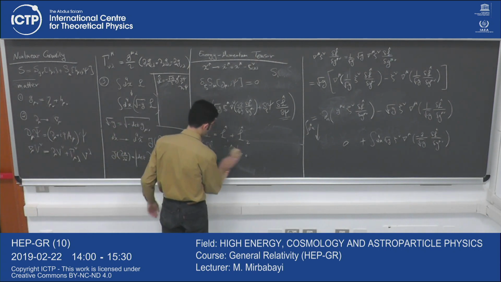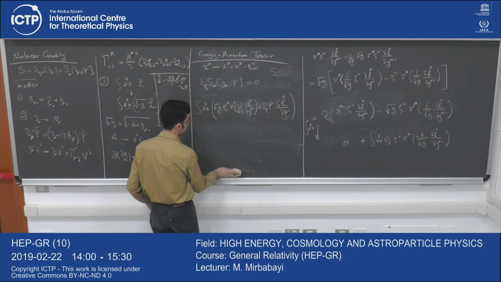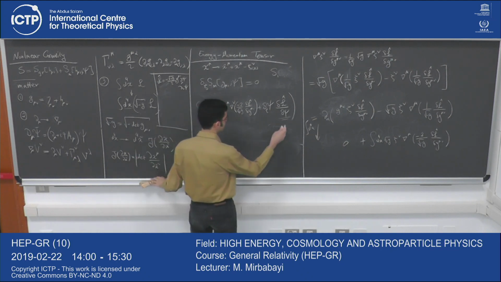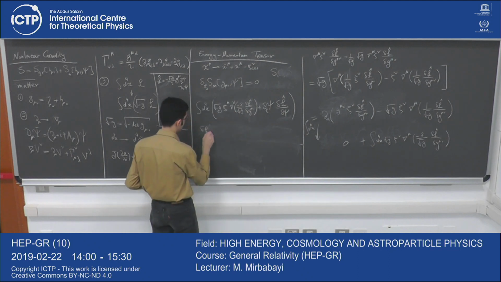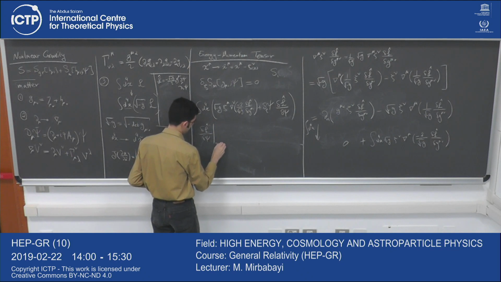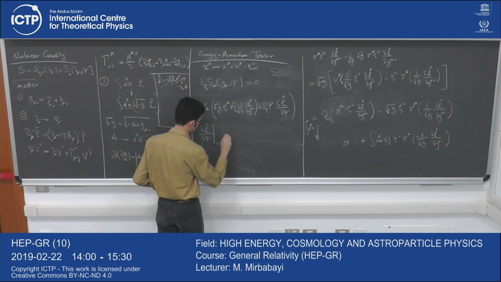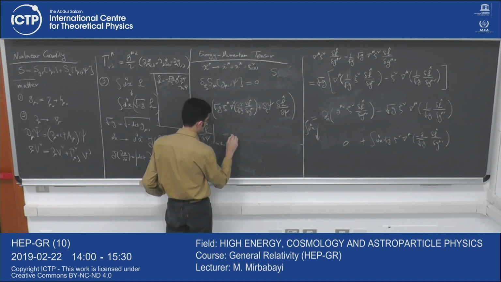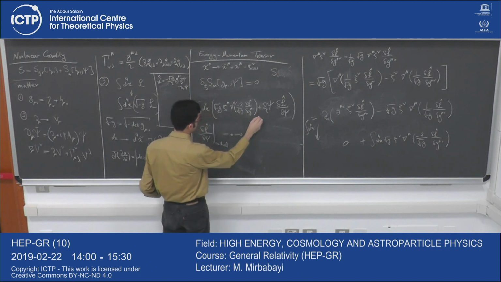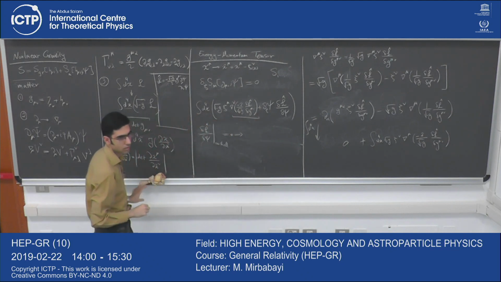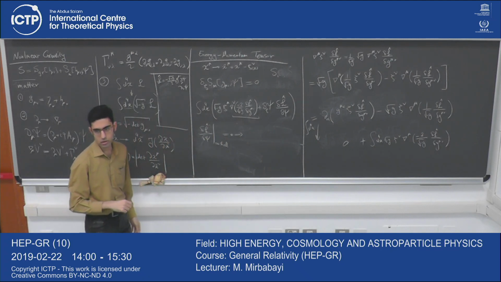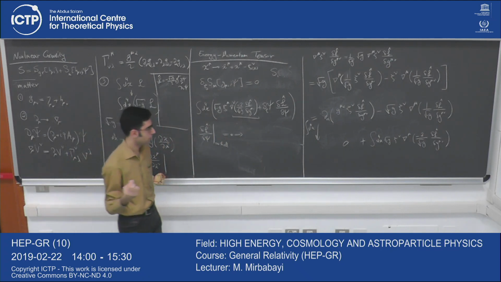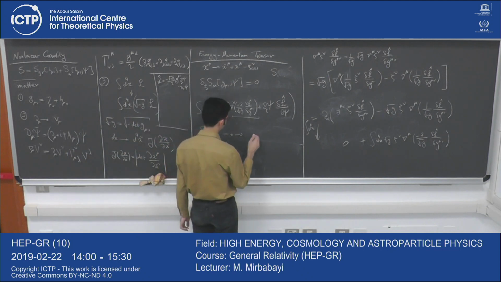Okay, so because of that, this term is equal to 0 on shell. Which means that on shell this term has to vanish, given that xi was some arbitrary vector.